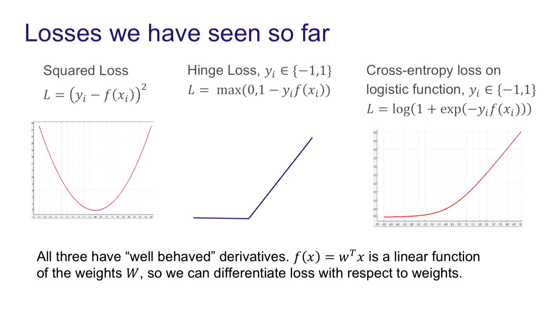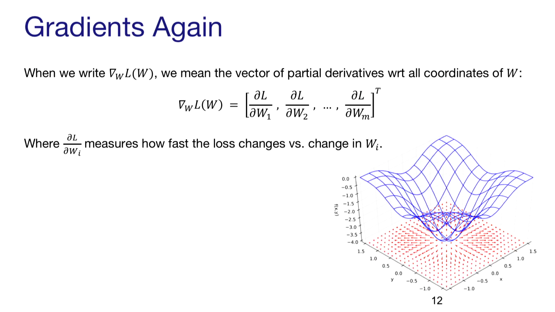So it approaches 0 for negative S and approaches S for a positive S. So in fact, that's also a margin classifier, and it's also differentiable. So they're pretty well behaved anyway. So we can compute derivatives and backpropagate, which we'll define soon.